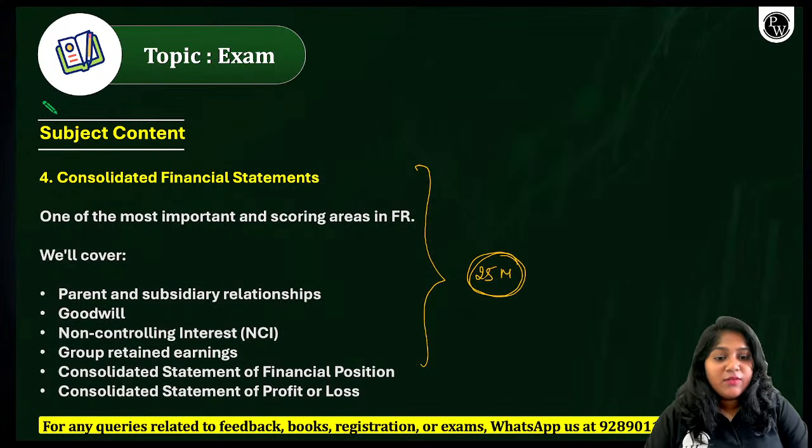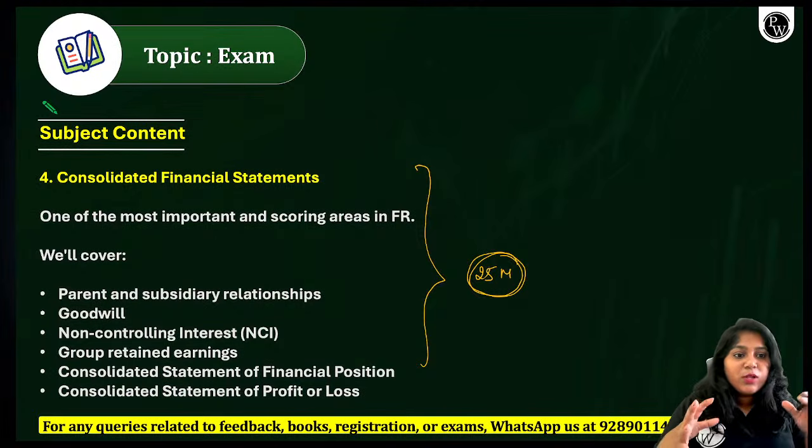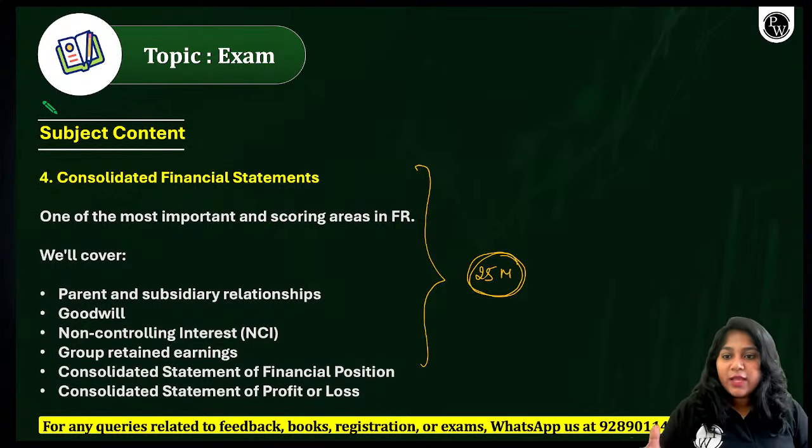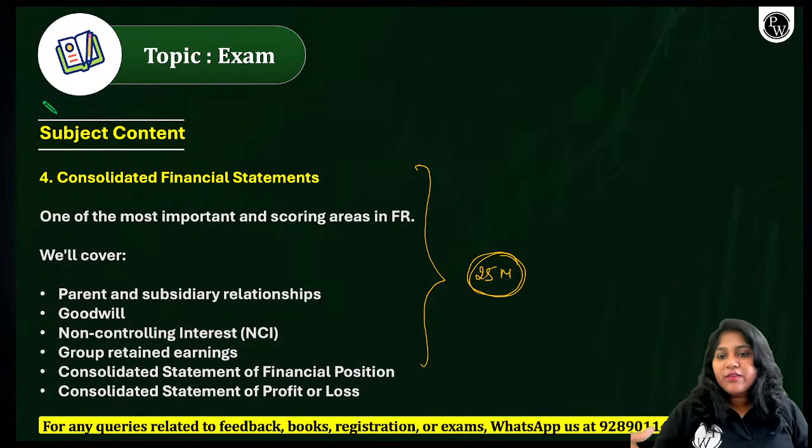When I say 25 marks, it's a huge thing, isn't it? You can expect to have it in section C, most likely. If you can't find it in section C, it will come up in sections A and B together, no matter what. Some 20 to 25 marks will definitely come.